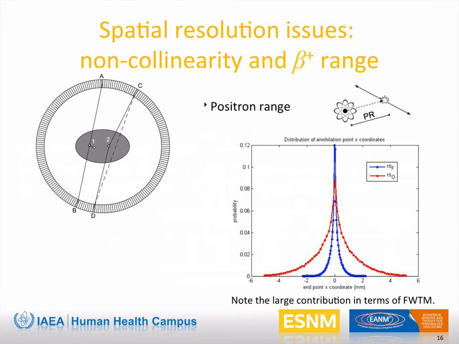So one must note the large contribution in terms of full width at tenth max with respect to the contribution to the full width at half max. So the positron range contributes more to the tail of the image instead of degradation of the full width at half max, especially when low energy beta plus emitting radioisotopes such as fluorine-18 are used.